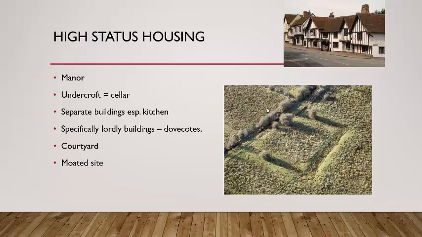The other thing we might find, and in fact the evidence suggests, is that there may be multiple separate buildings associated with the manor house, of which only one would have the functions we would expect to find in a house. That is the private accommodation for the lord and his immediate family. If we're dealing with multiple buildings, it's probably going to be quite a small one.